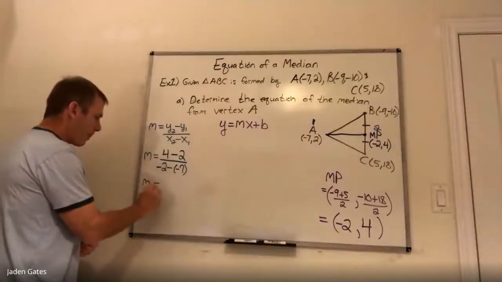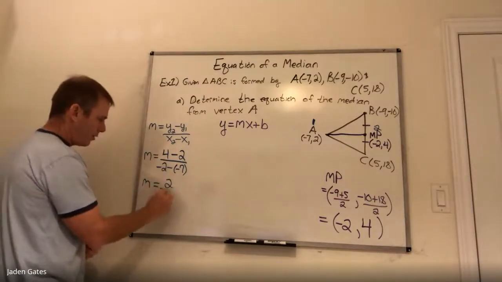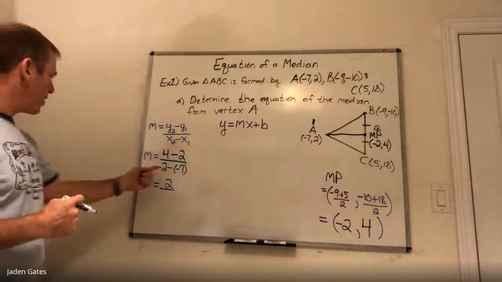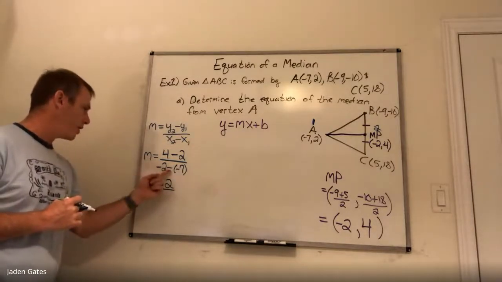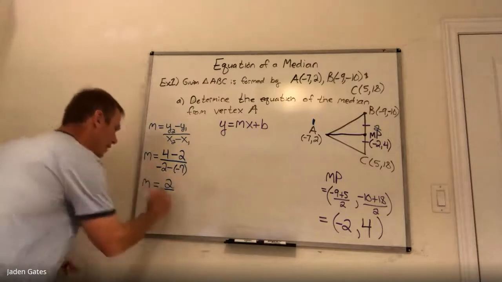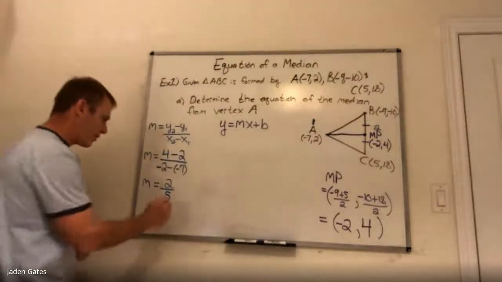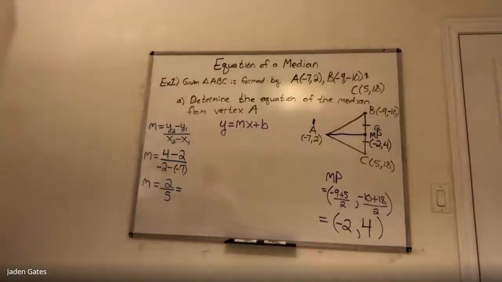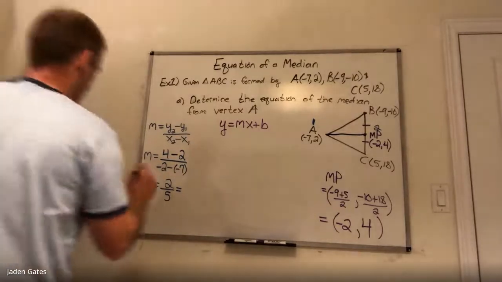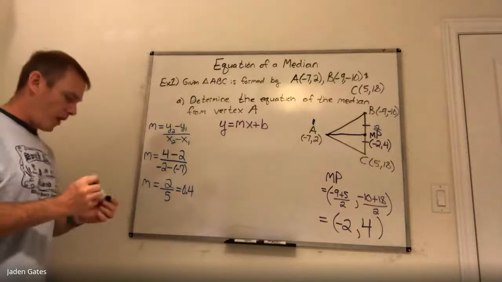So my slope here, I got 4 minus 2, which is 2. Then I've got -2, again 2 minus signs come together and give me a plus, so I got -2 plus 7. That's a 5. So m is 2/5. I'm actually going to flip that to a decimal. If I grab my calculator here and take 2 divided by 5, I get 0.4. So I've got my slope.